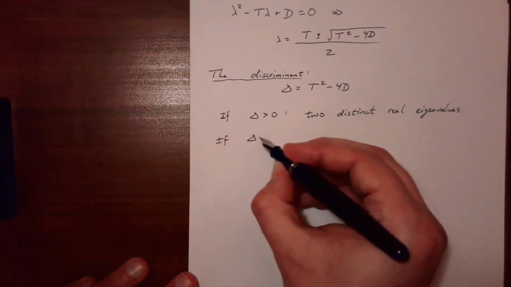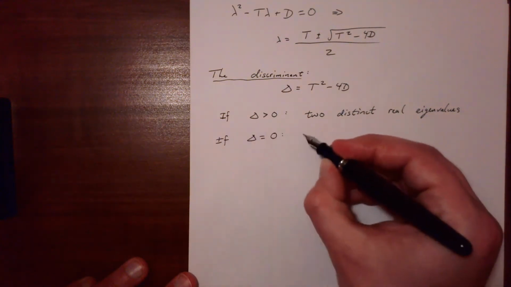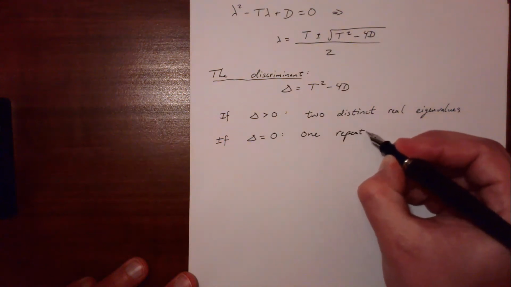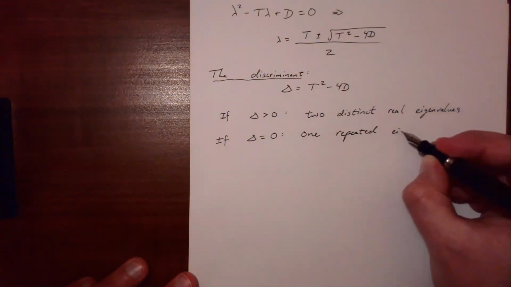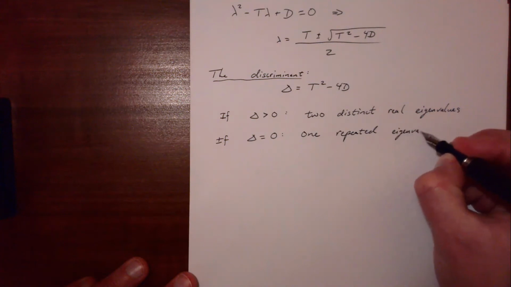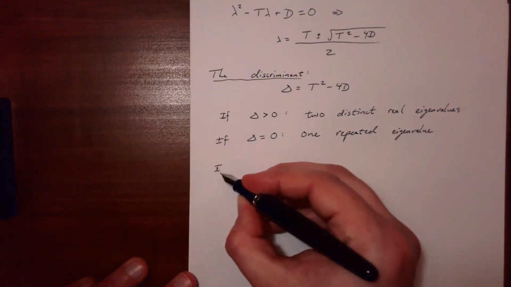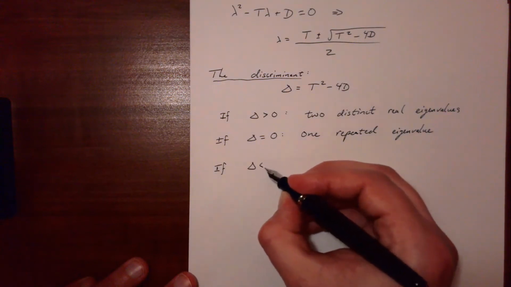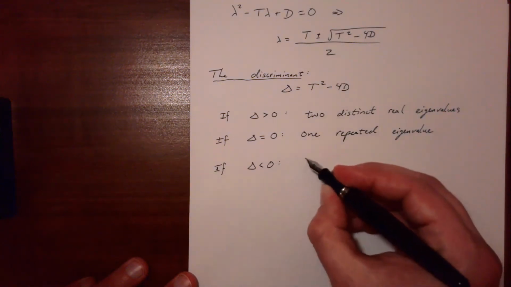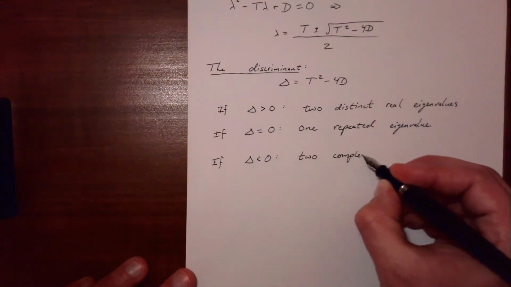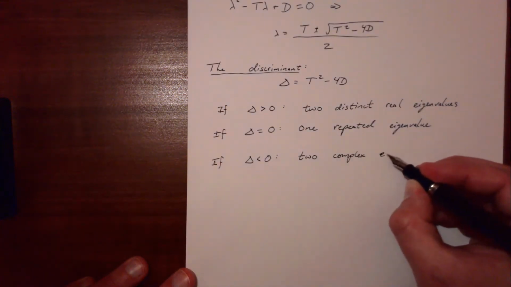If delta equals 0, one repeated eigenvalue, and if delta is less than 0, two complex eigenvalues.